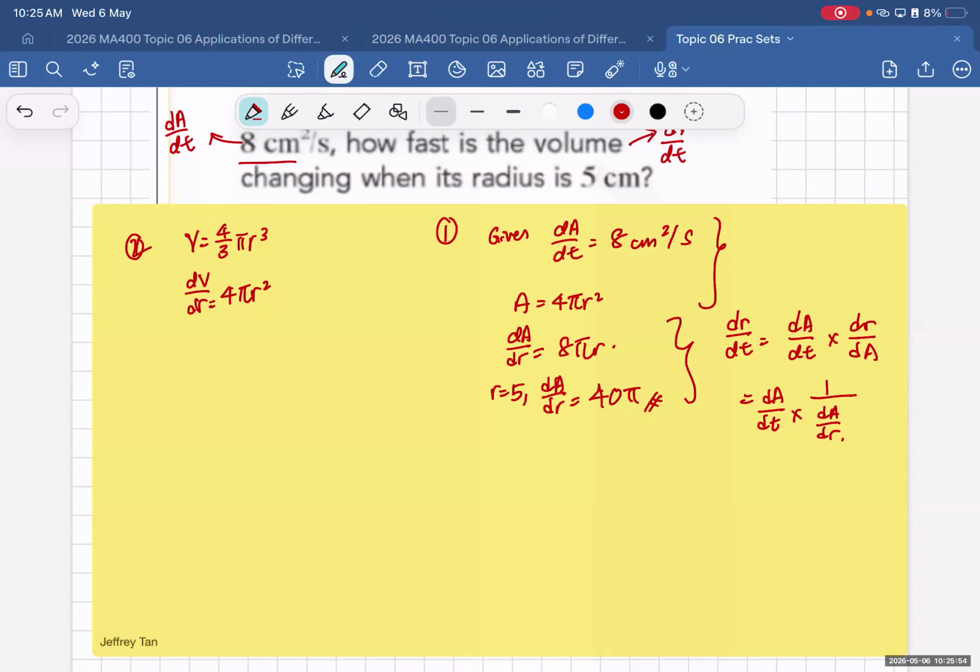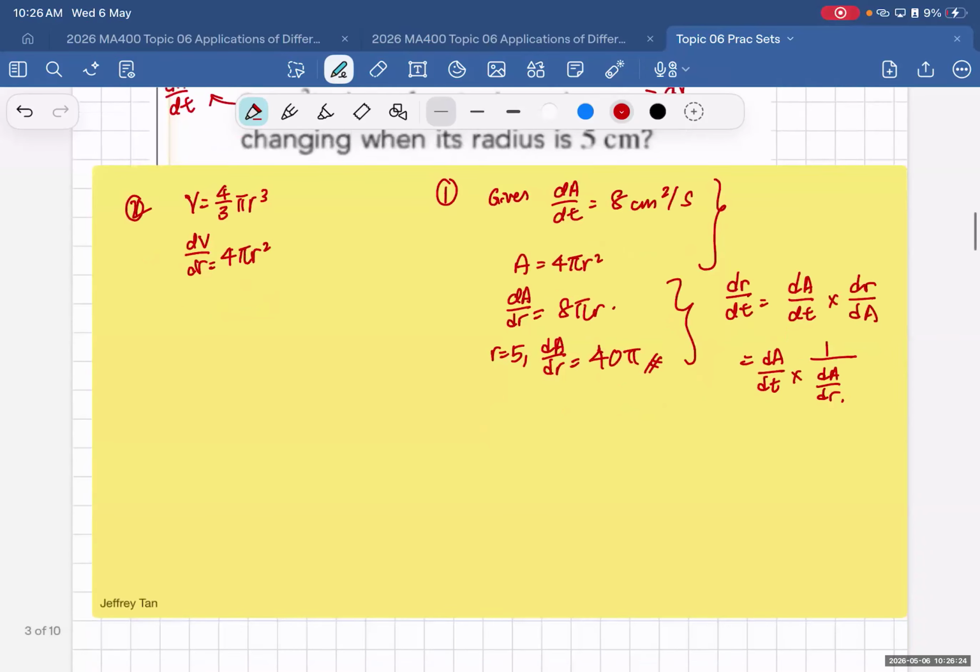Pi, right? So now you have dr/dt. You have dV/dr. Then you find dV/dt.